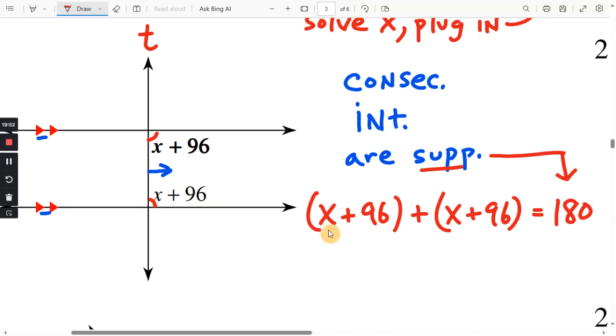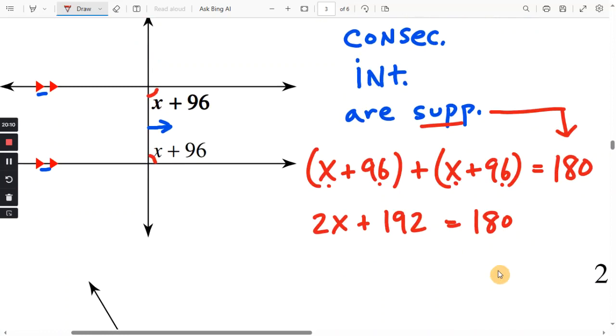Combining like terms, x plus x gives us 2x. 96 plus 96 is 192. And that equals 180. Okay, solving for x, the opposite of plus 192 is minus 192.